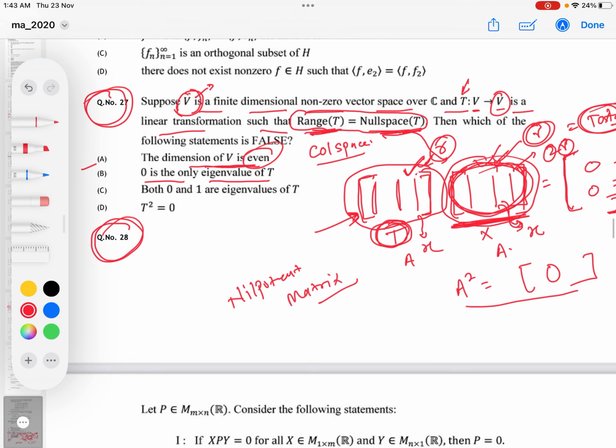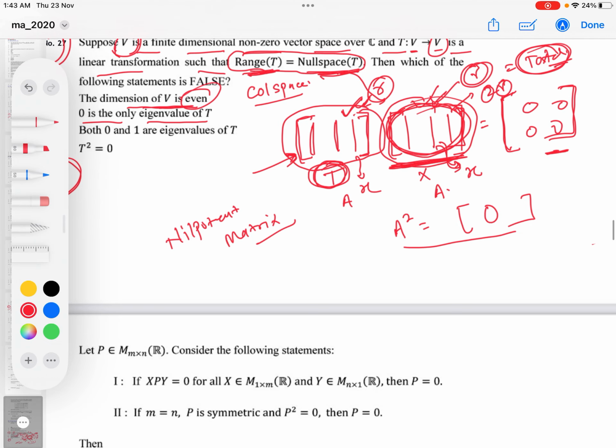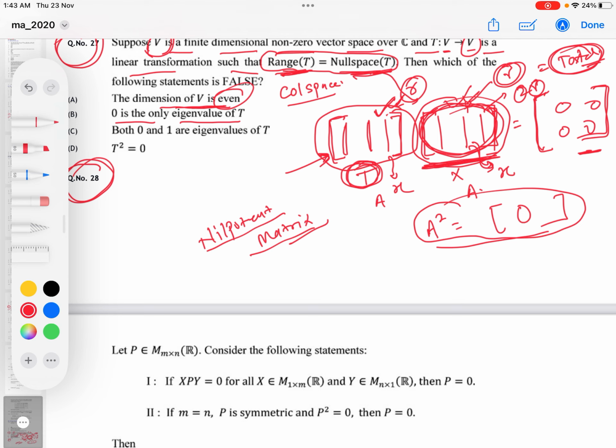Now the next option is: 0 is the only eigenvalue of T. If you look at this property that A squared is equal to 0, the matrix that gets multiplied by itself and gives you a 0 matrix is the nilpotent matrix. These are generally square matrices, and if you have a 2 by 2, then if you multiply it by itself, you will get the 0 matrix.